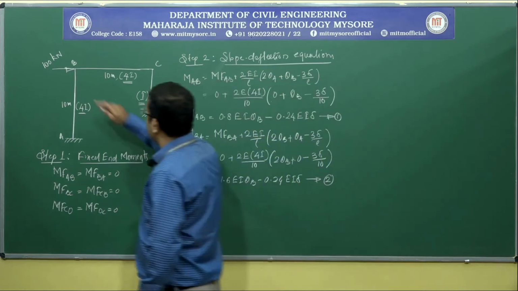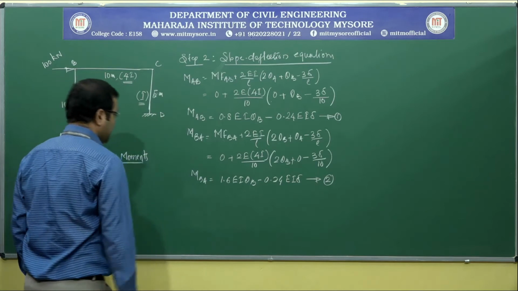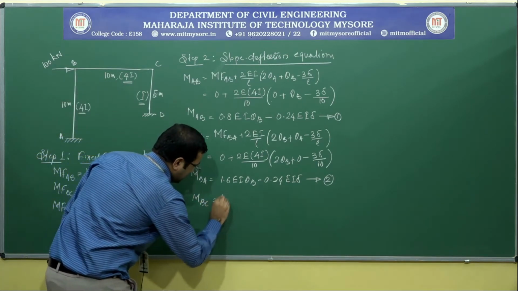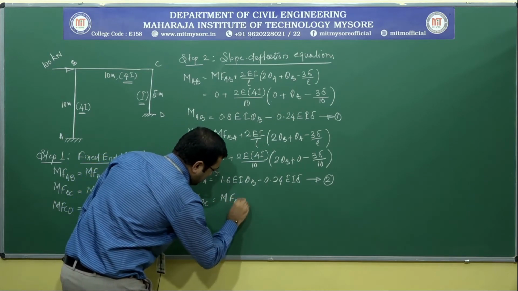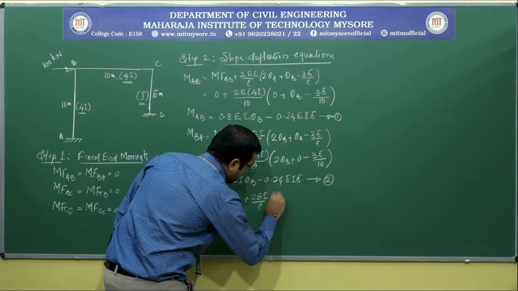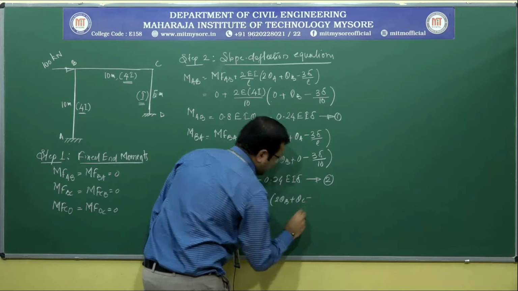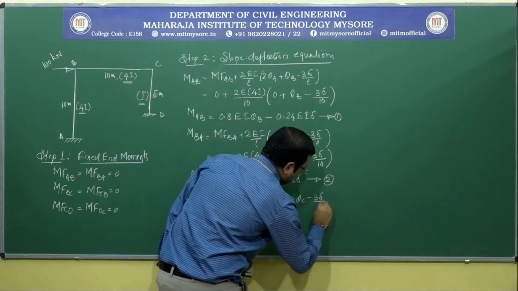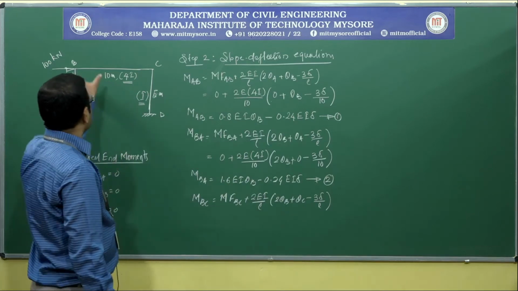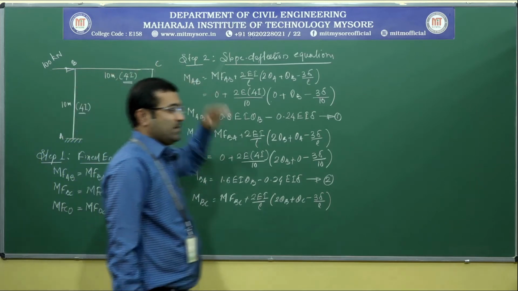Now similarly we need to write two more slope deflection equations for the member BC, that is MBC. MBC is equal to MFBC plus 2EI by L into 2 theta B plus theta C minus 3 delta by L. So here you can see the member BC is not undergoing any kind of displacement.